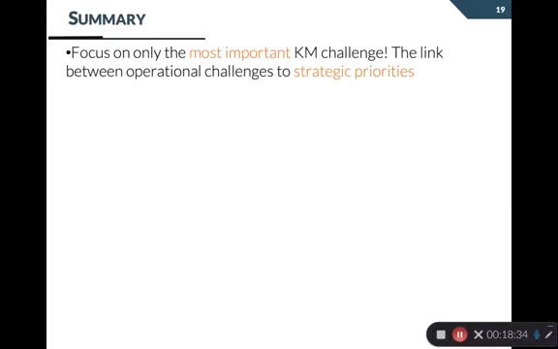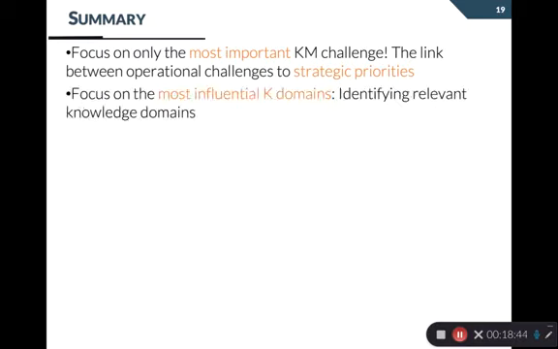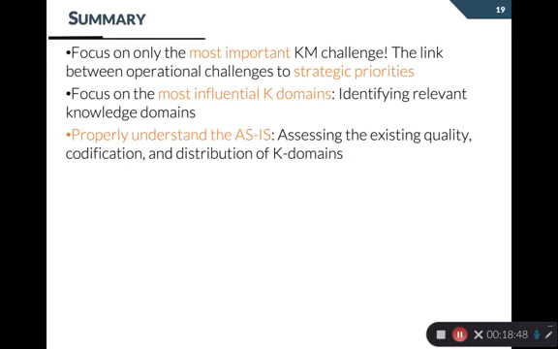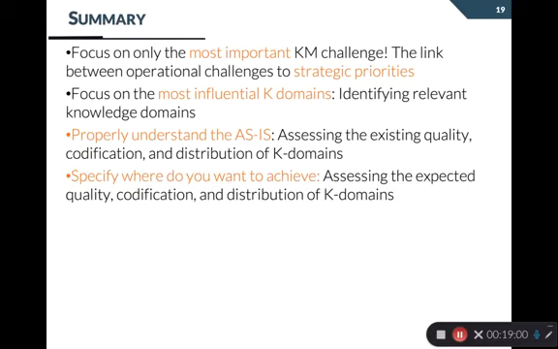So this was just an example to introduce you to the knowledge strategy process. A few highlights about this technique and method. Focusing on the important knowledge domains, connecting them to the strategic priorities of the organization, properly understanding the current situation of the organization, which knowledge areas are important and how they are based on the quality, codification, and distribution.